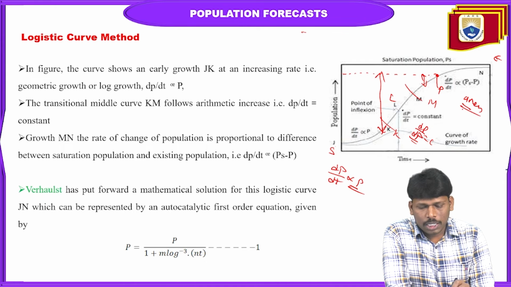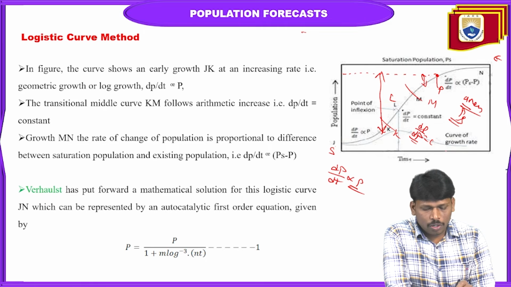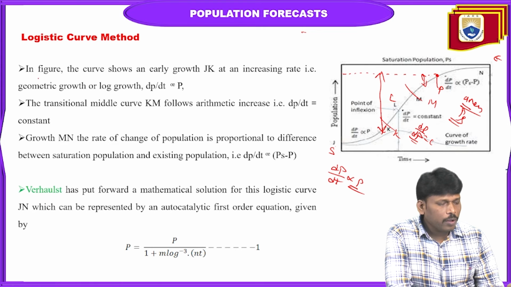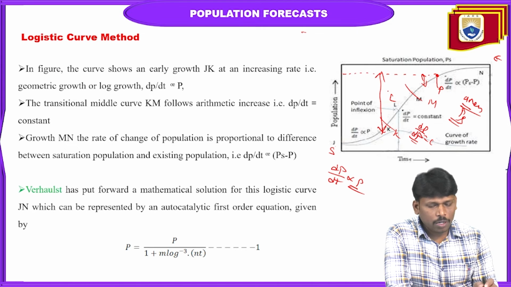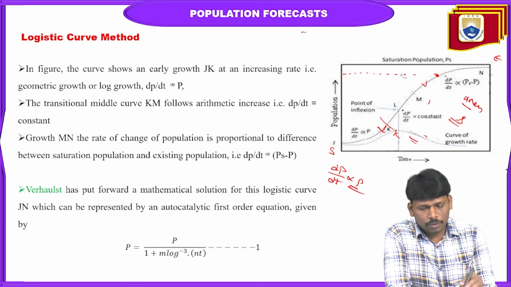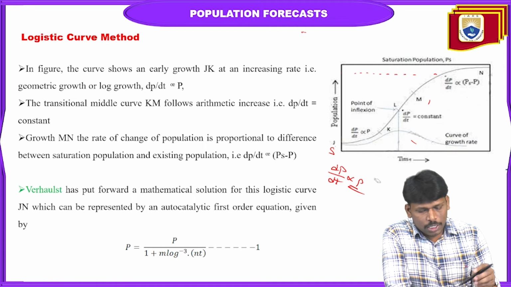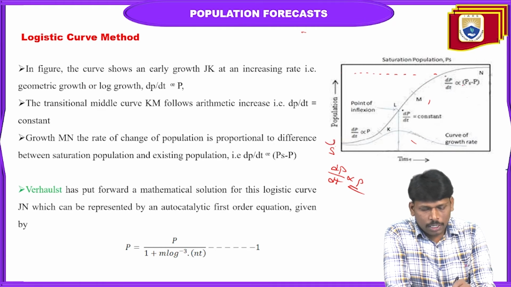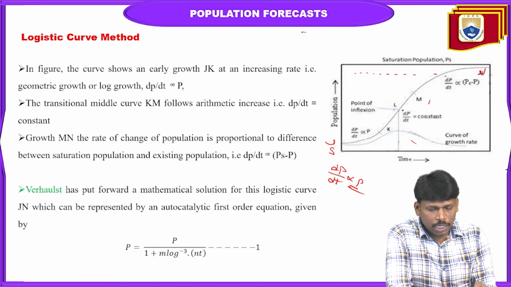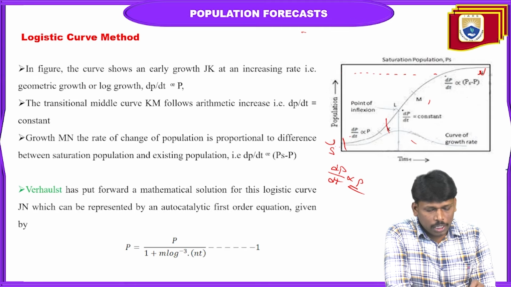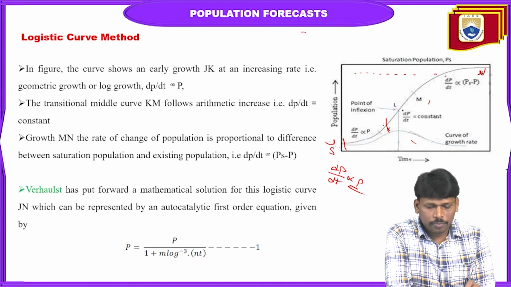So as you can see in this figure, J as well as N shows the complete trend of the population of that particular city. Up to this J to K, there is an increasing trend.